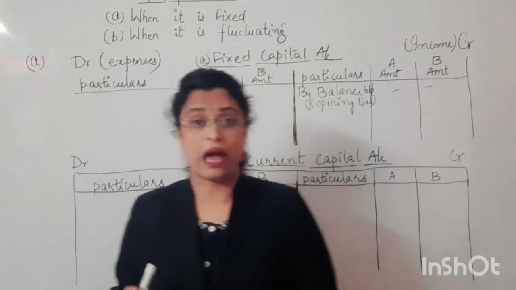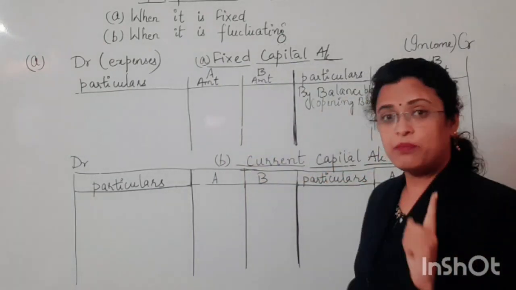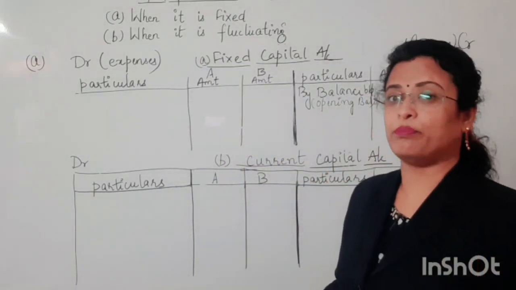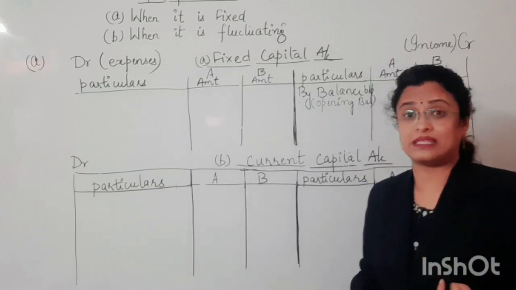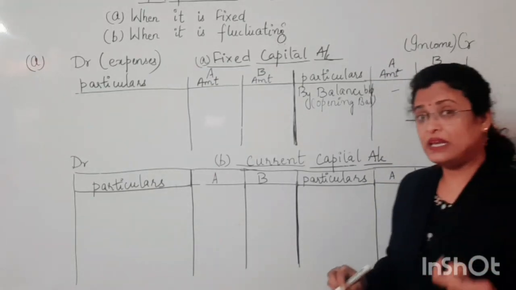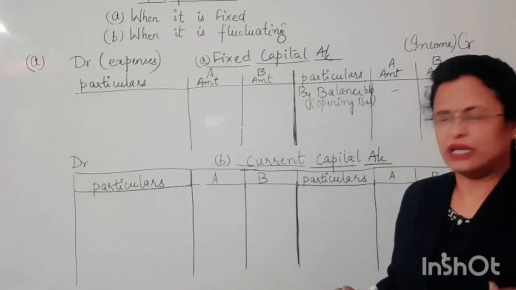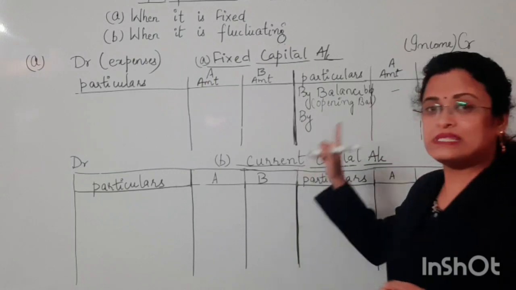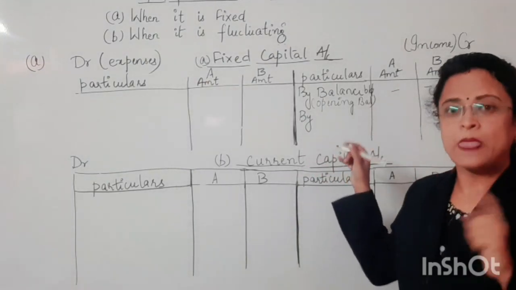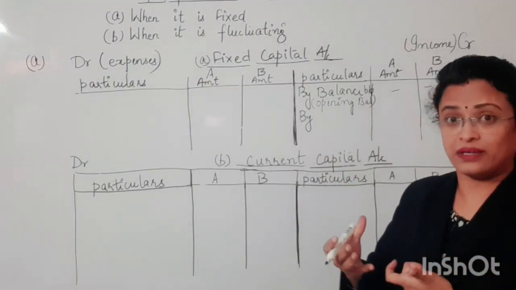If any partner introduces additional capital, it's not a frequent event. Rarely this can happen in the business. So if any partner is introducing any capital, it will be shown on which side? Credit side, because it will add up to the balance of the partner's capital.